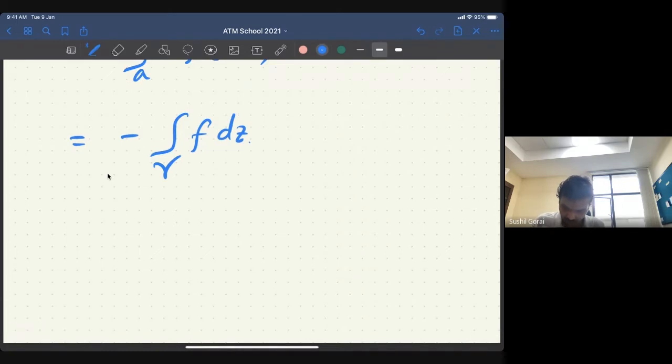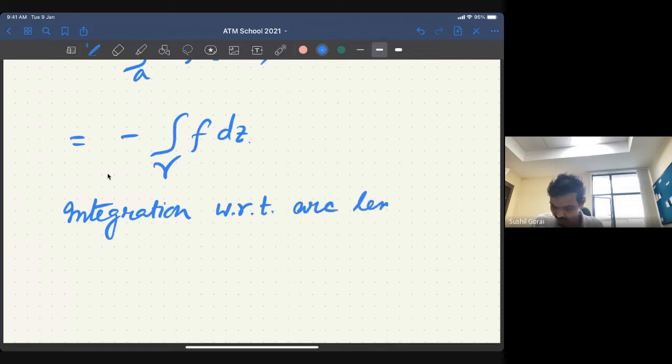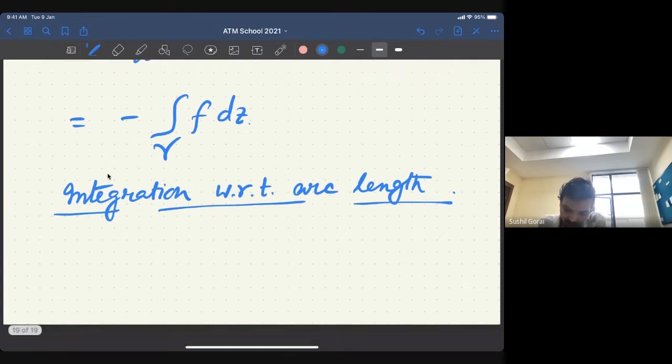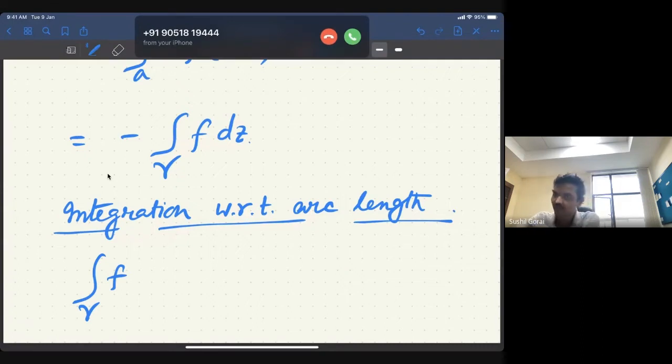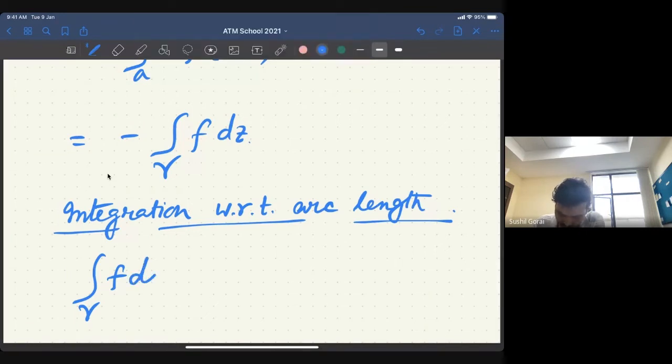Integration with respect to arc length, f ds, is defined as integration over gamma f mod dz.